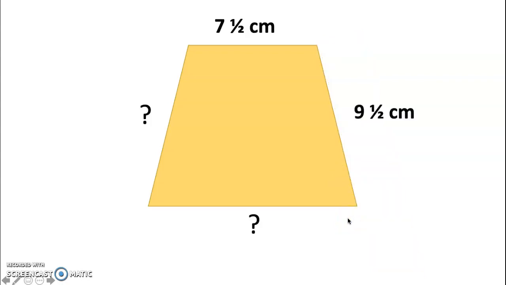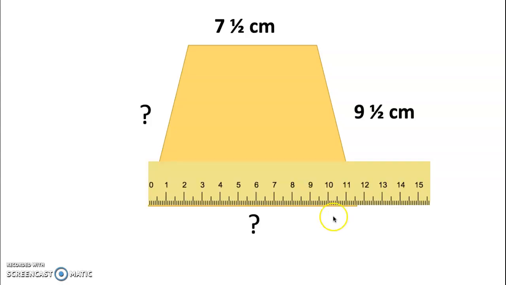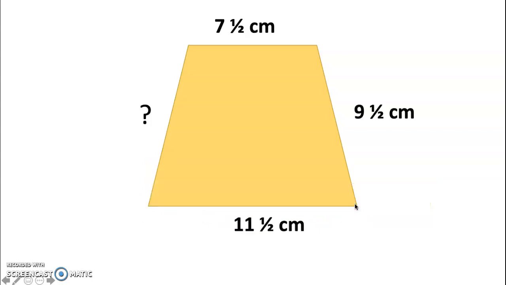So I will go ahead and put that right there. Then I see that the bottom length, that one's longer. It is about 11.5 centimeters, so I'll put that right there. And then I will measure my last side. But I already know that this side is the same length as this first side. So I've got 7.5, 9.5, 11.5, and 9.5 centimeters.